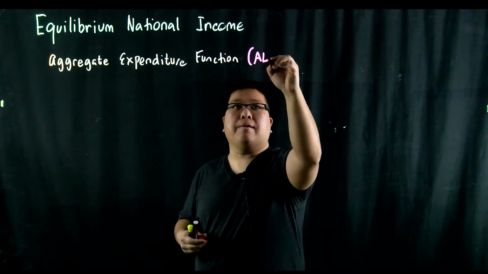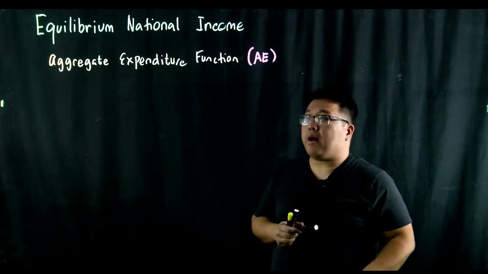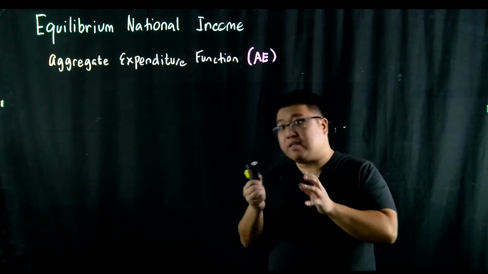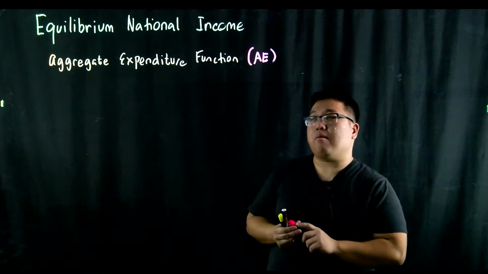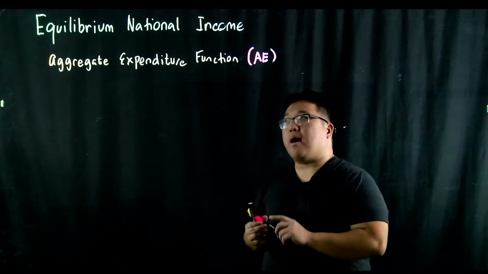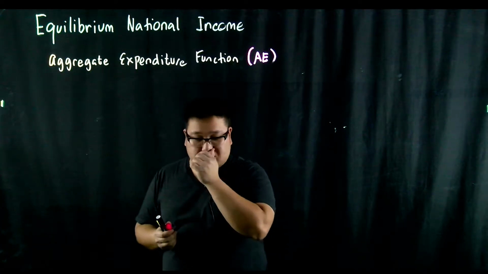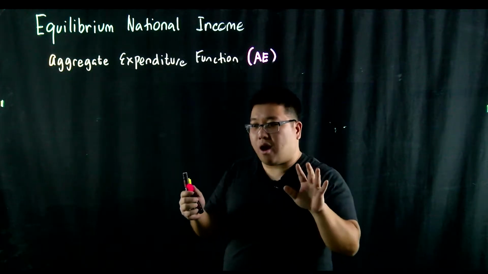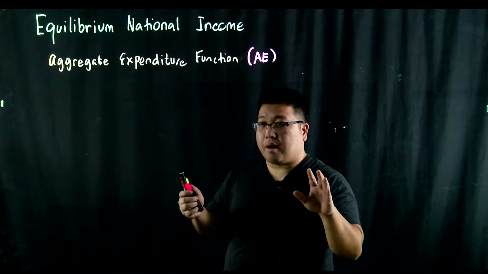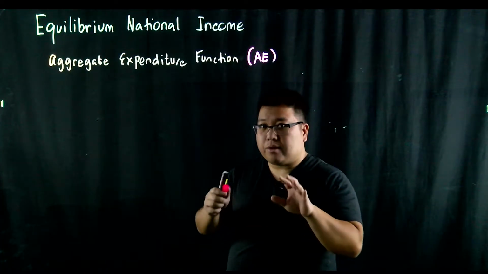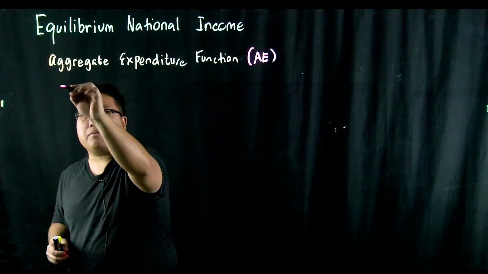For this video, I'm gonna introduce a very simple model of the economy. Aggregate expenditure is defined only by two elements: consumption and investment. So we're not gonna assume that there's government. We're not gonna assume that there's imports and exports. Pure simple model.